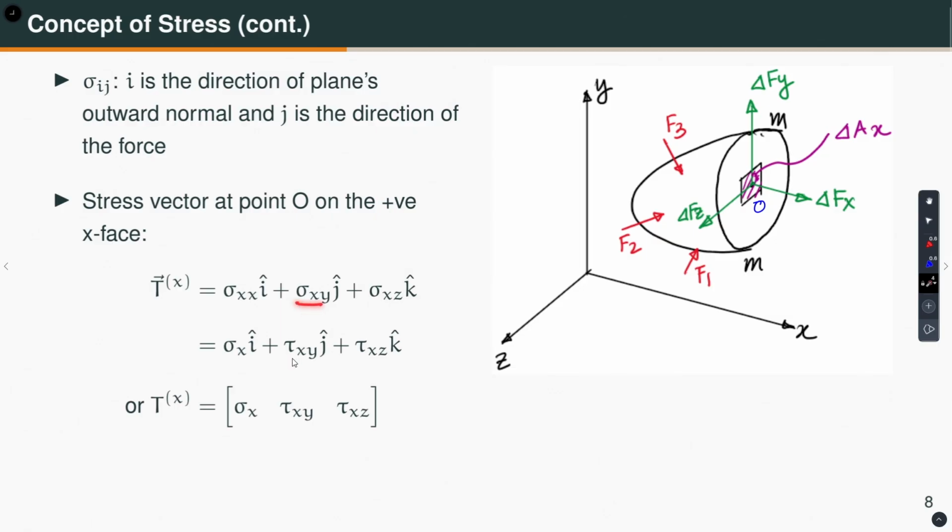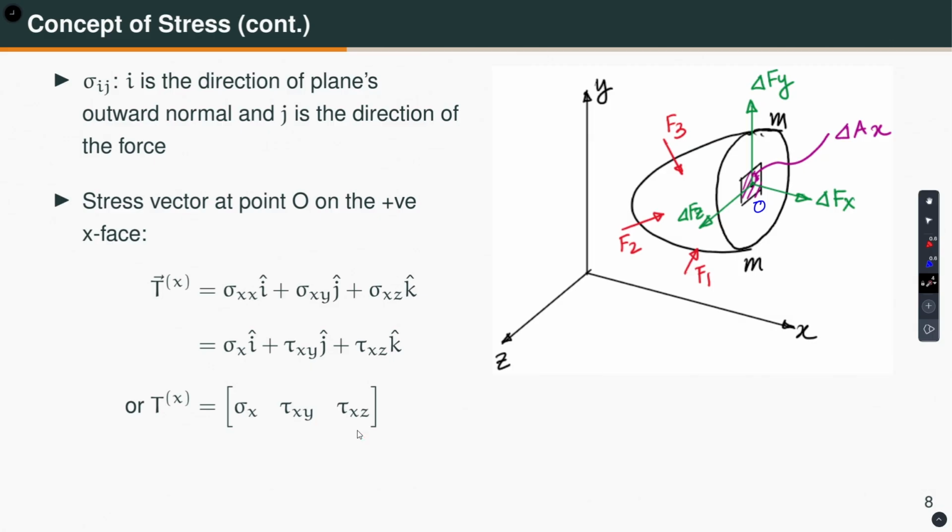So, sigma xy is denoted by tau xy, sigma xz is replaced by tau xz. Instead of writing it like that, we can also write that Tx is basically given by three components: sigma x, tau xy and tau xz.